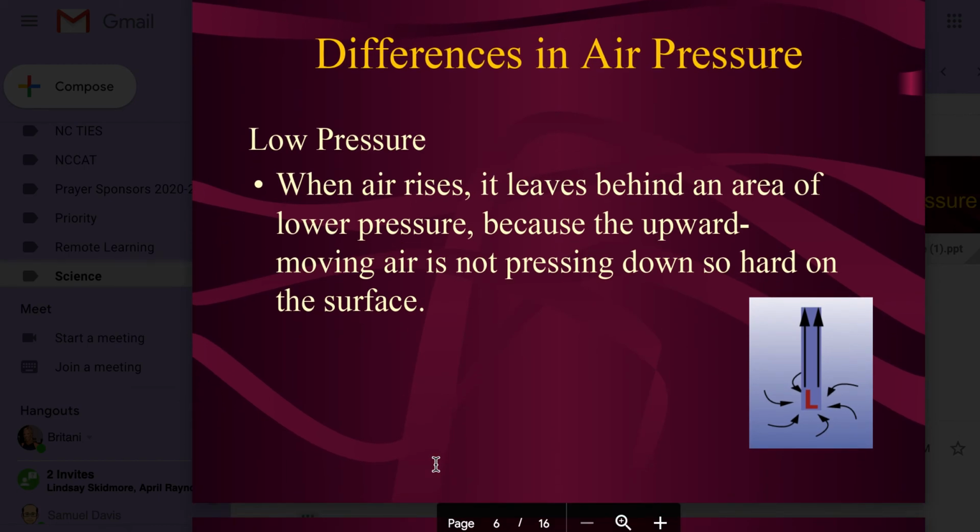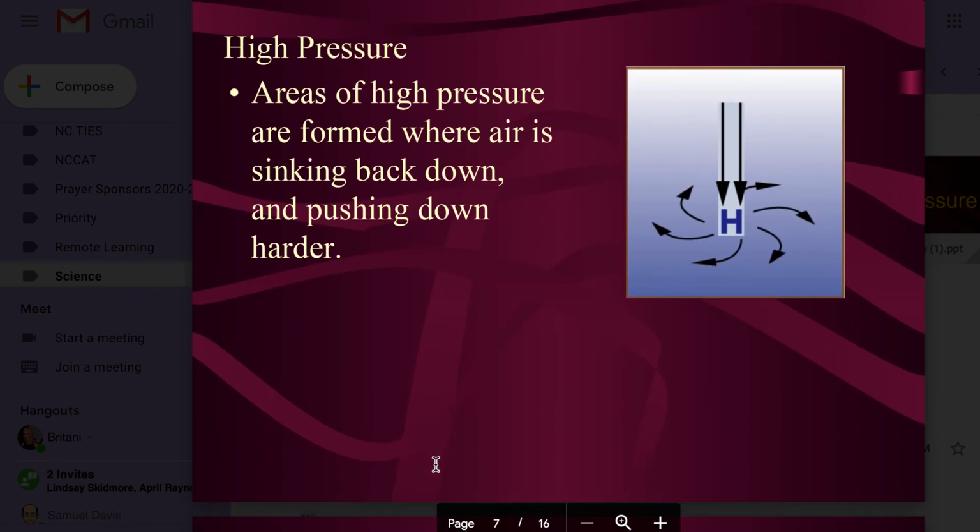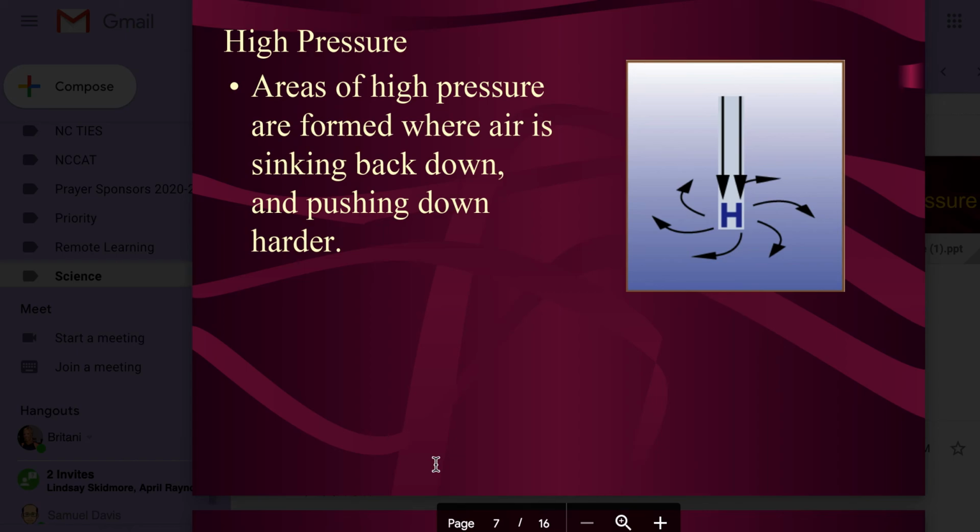When air rises, it leaves behind an area of low pressure because the upward moving air is not pressing down so hard on the surface. So that air is rising, so there's not as much pressure. High pressure is when the air is sinking back down and it is pushing down harder.